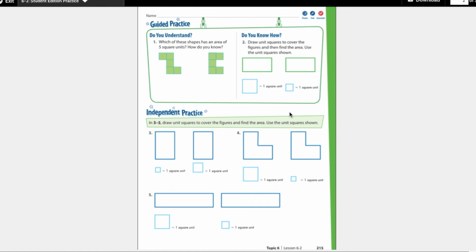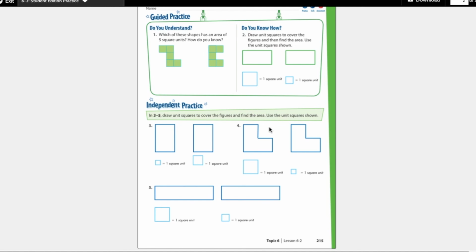I know your drawings aren't going to be perfect, just try as best as you can. And then same thing with 3 through 5. You just need to draw the amount of square units they tell you, but make it as perfect as you can to match the square units that they give you at the bottom. And once you draw those squares, you need to tell me what the area is of each shape.